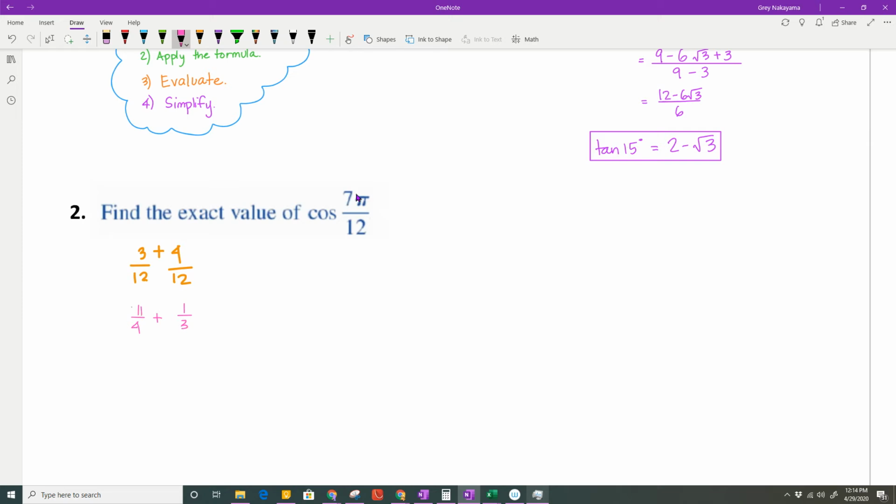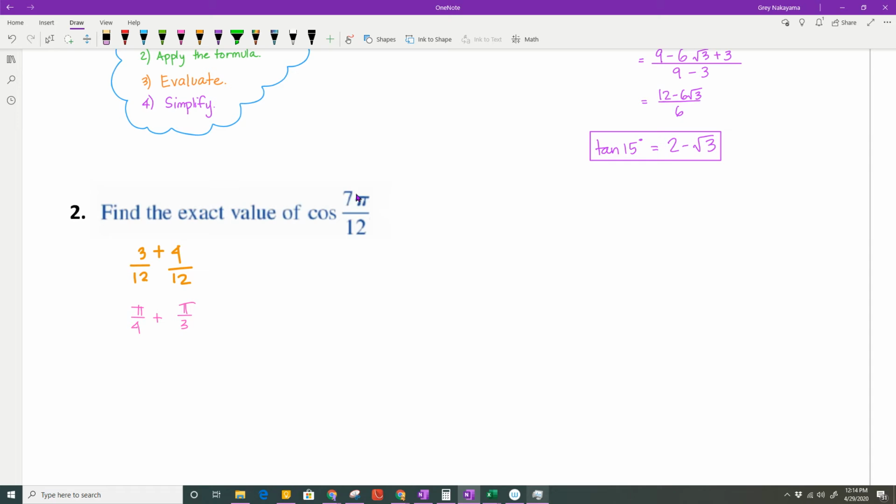Well, those two are values on my unit circle, pi over 4 and pi over 3. So, again, you can add or subtract, whichever makes it easy for you, but that's just a way to come up with those two numbers if you can't do it easily.